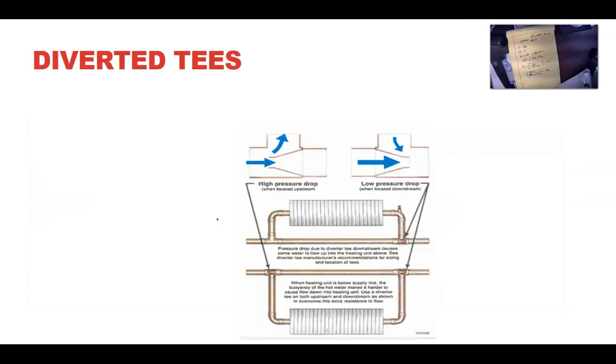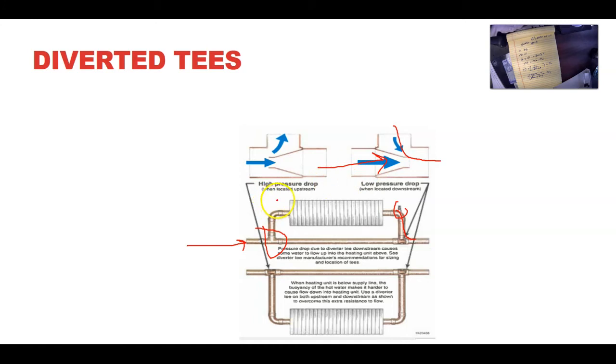It's not that bad, and this is how the diverted tee works. So we have high pressure here coming from the main pump. We control how much water comes out of it because what comes in has to come out. So if you reduce the amount that comes out of it, it's going to take only little pressure from here, and then whatever water will join in with the incoming water inside.